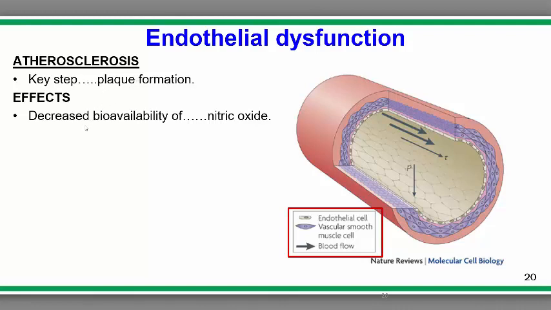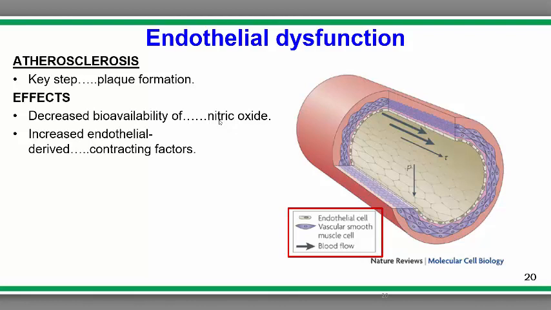One such effect is that the bioavailability of nitric oxide will decrease. That will also be paired with the production of what are called contracting factors. These are molecules that are produced by endothelial cells that actually have the opposite effect of nitric oxide.